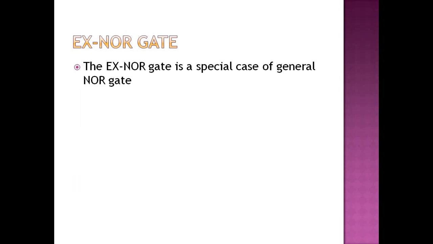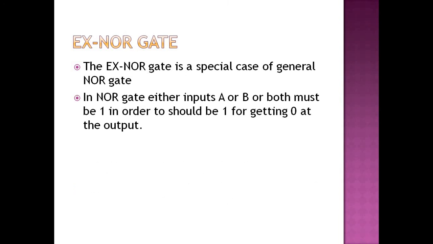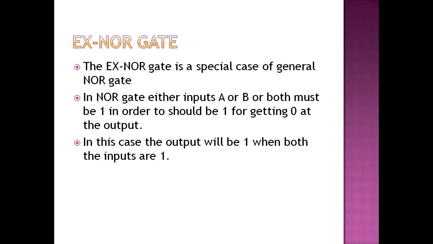Now we focus on the next gate, which is the exclusive NOR gate. The exclusive NOR gate is a special case of the general NOR gate. In a NOR gate, if either input A or B or both are 1, we get 0 at the output. In this case, the output will be 1 when both the inputs are 1.